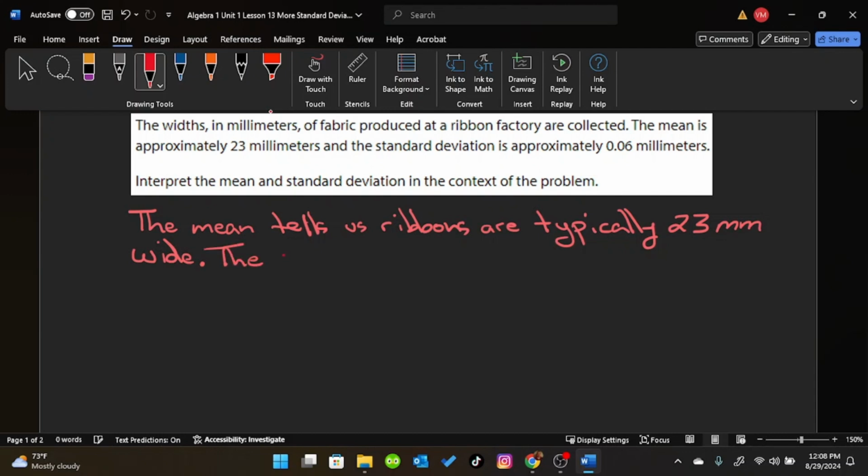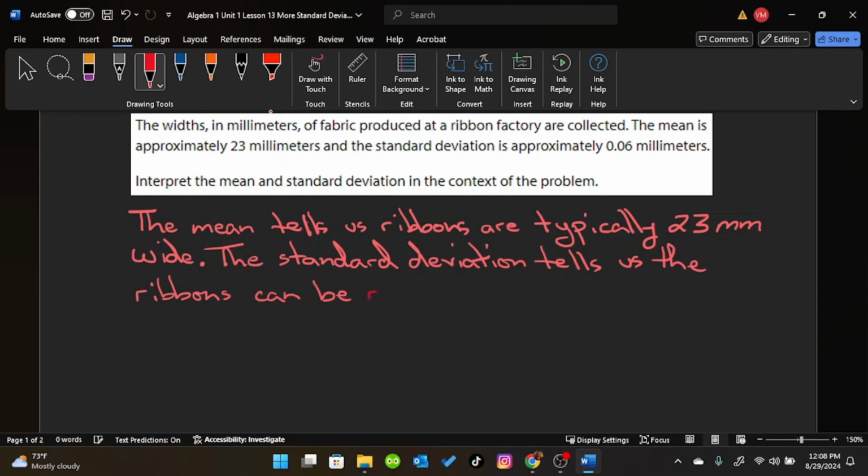The standard deviation tells us the ribbons can be as skinny as we would subtract 0.06 from 23, and that would be 22.94 millimeters.